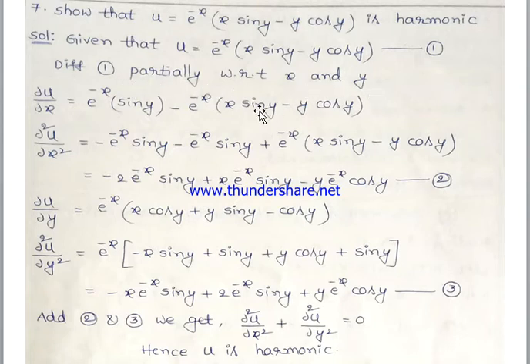First we differentiate with respect to x, so ∂u/∂x equals e^(−x), and here we have to use the uv' + vu' formula. So u is e^(−x). The derivative of x sin y is 1 times sin y, and the derivative of y cos y with respect to x is 0.